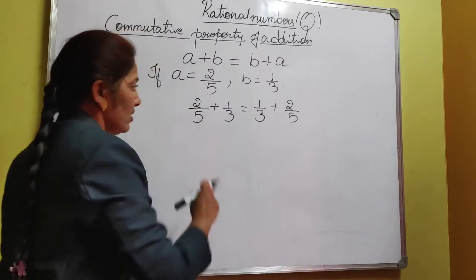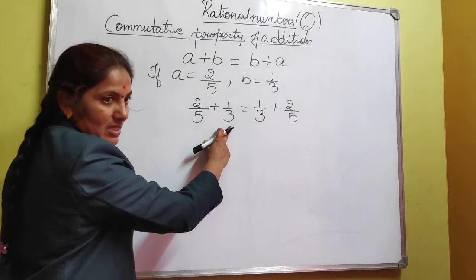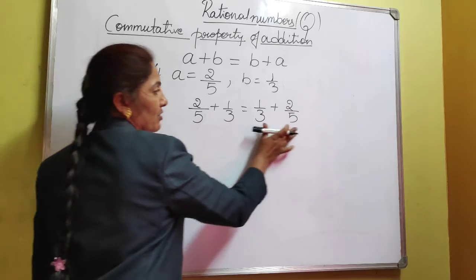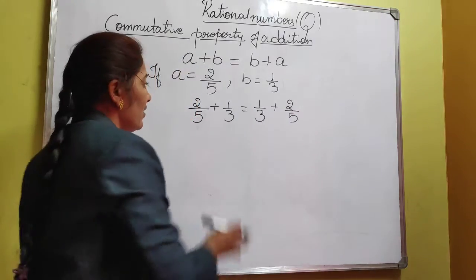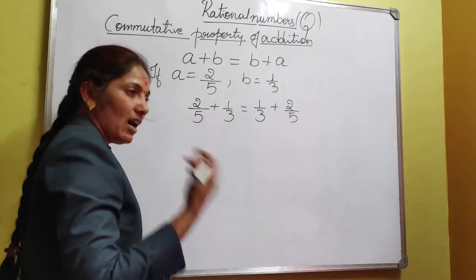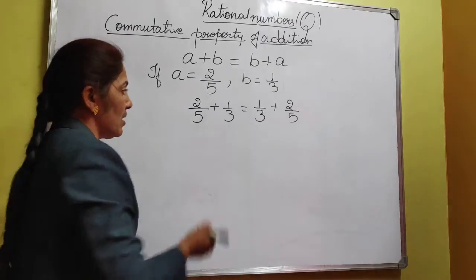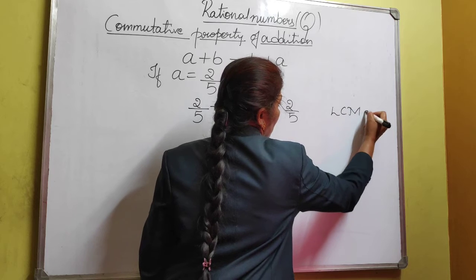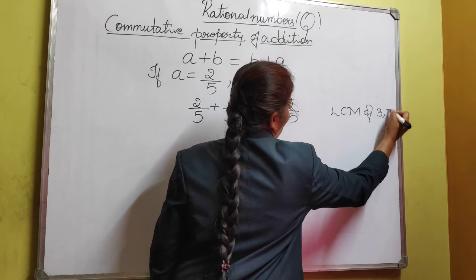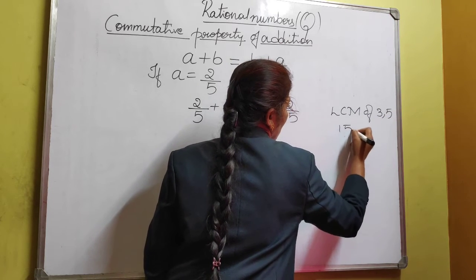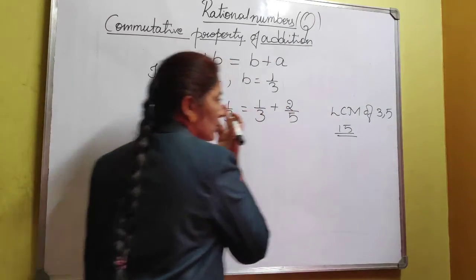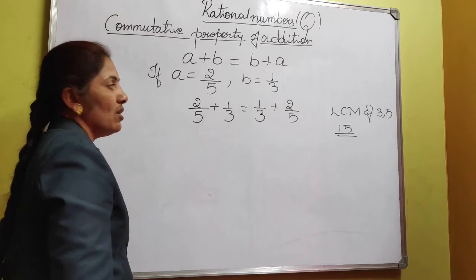So here we are supposed to find the LCM, because the denominator values are not equal. Since they are not equal, we are supposed to equalize them. The LCM of 5 and 3 is 15. 5 into 3 or 3 into 5 is equal to 15.